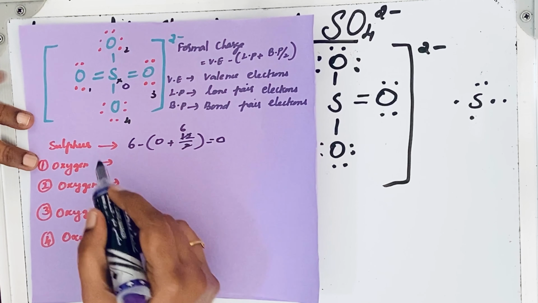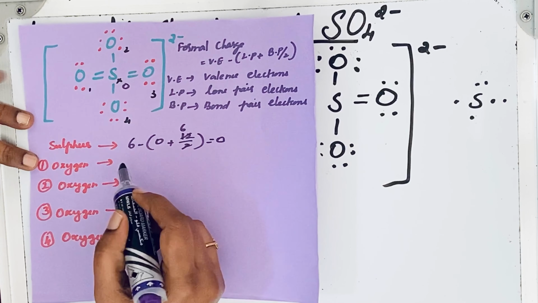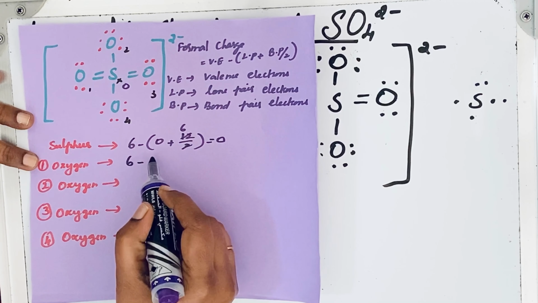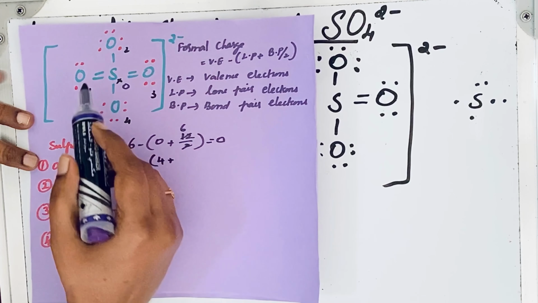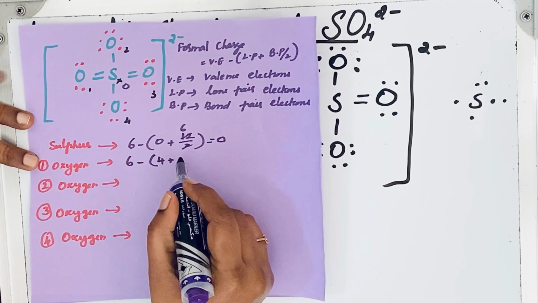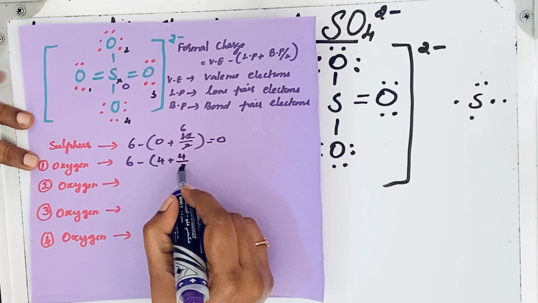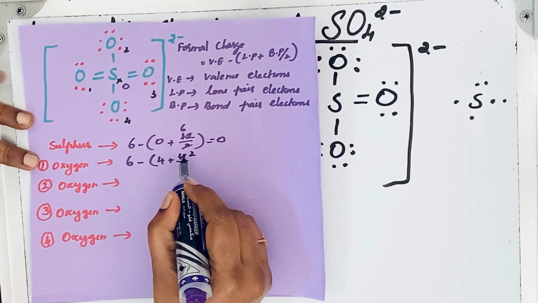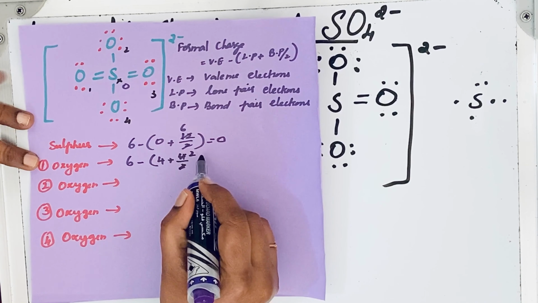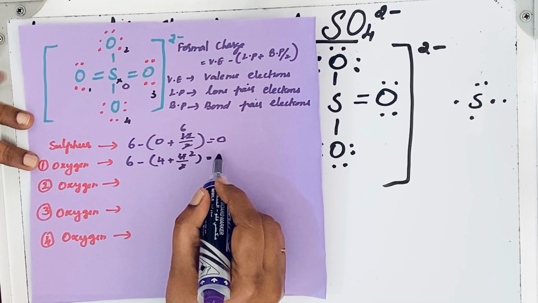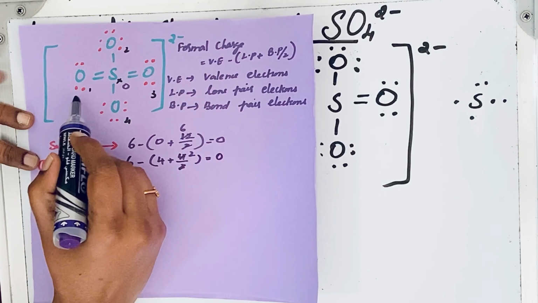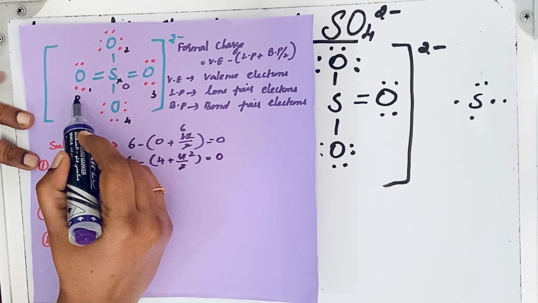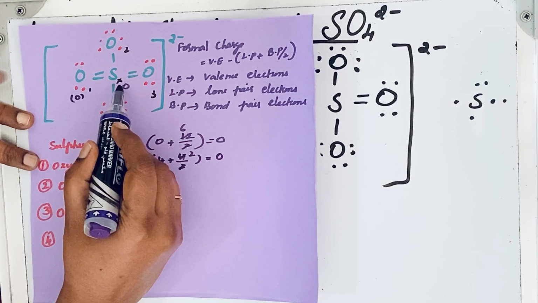Then come to first oxygen. Here this is the first oxygen. So valence electron 6 only. Then lone pair 2, 4. Then bond pair you see 4 only. So 4 by 2. You will get 2. So 4 plus 2, 6. So 6 minus 6, that is also 0. So for the first oxygen atom, the formal charge is 0. Okay.